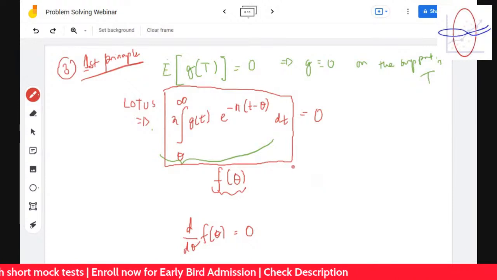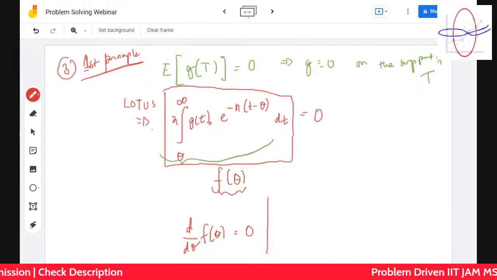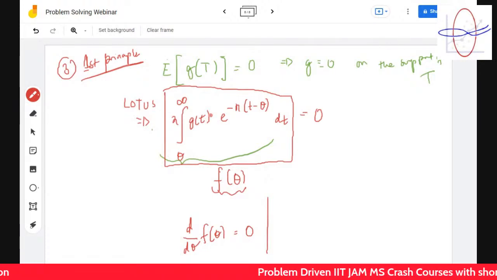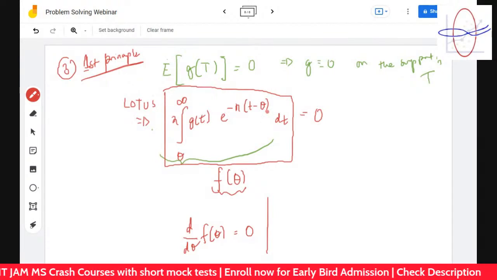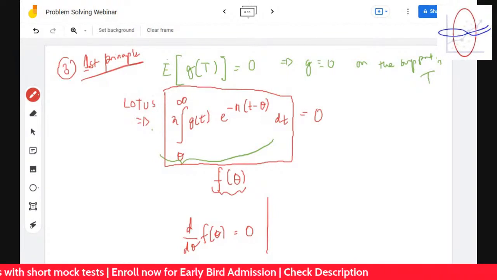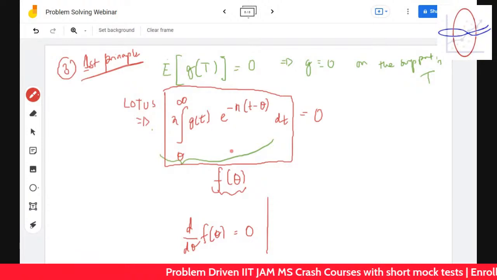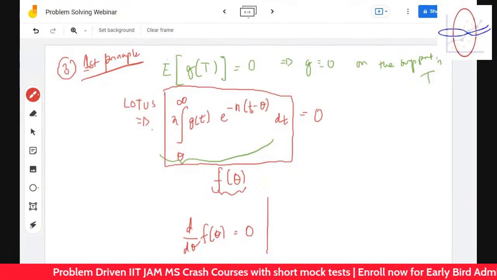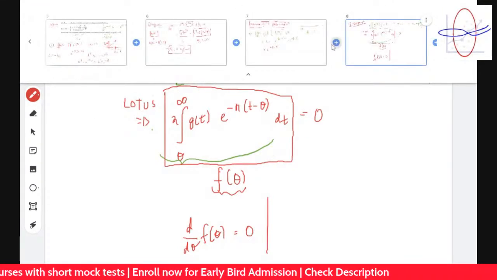So let's do the derivative of it. I hope you remember this from the fundamental theorem of calculus. So this is nothing but, if you do a differentiation, t tends to infinity over here. So let me just write down the mathematics of it.